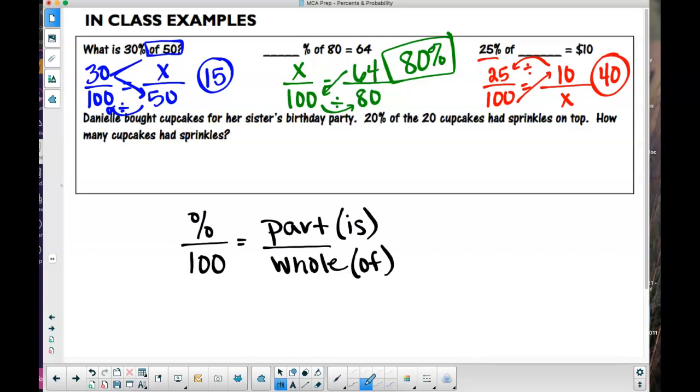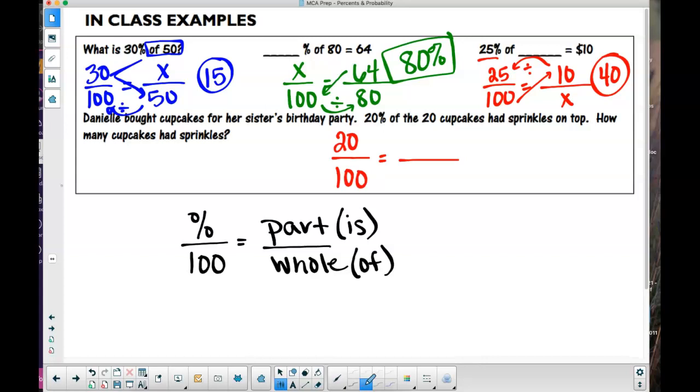Okay, then a word problem. I would say most of the problems on the MCA test are going to be some sort of word problem. Okay, so Danielle bought cupcakes for her sister's birthday party. 20% of the 20 cupcakes had sprinkles on top. How many cupcakes had sprinkles? So I'm going to set up my proportion. Do we know the percent? Yeah, the percent is 20 over 100.